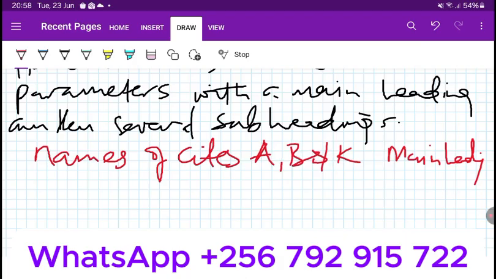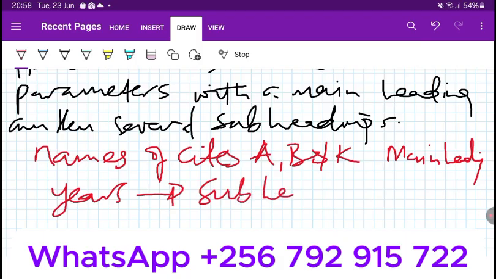That's what we are representing. We are representing crime rates. These figures are all about crime rates in those different cities. That's why we are making it the main heading. Now, the years, of course, would be our subheadings.